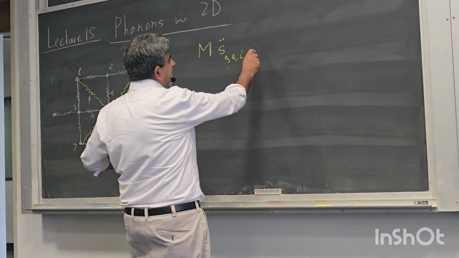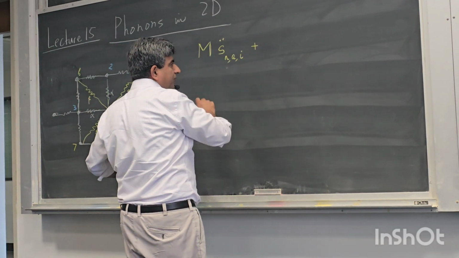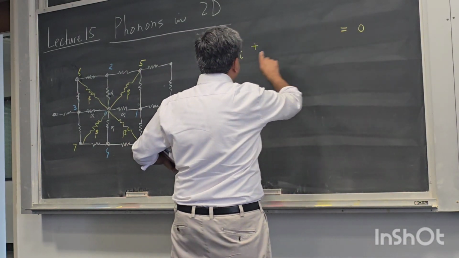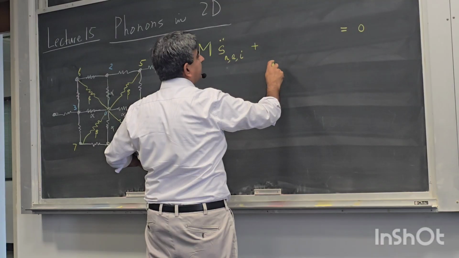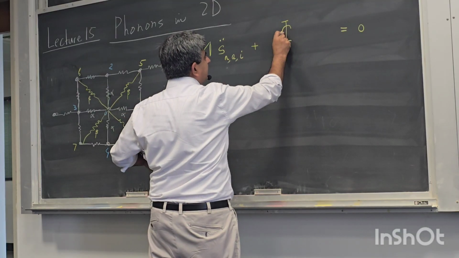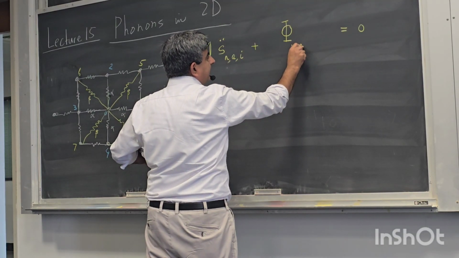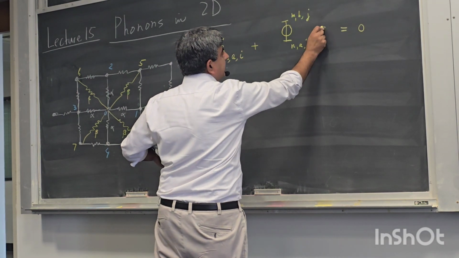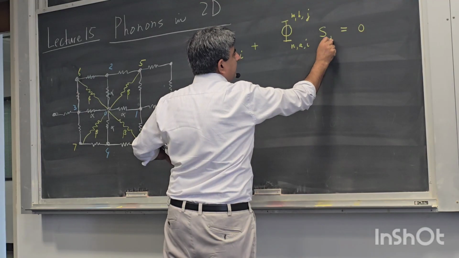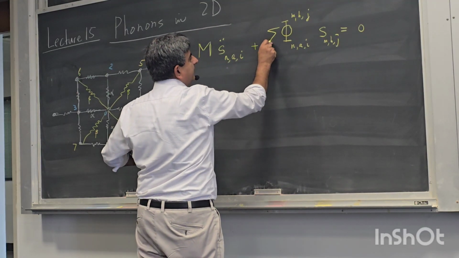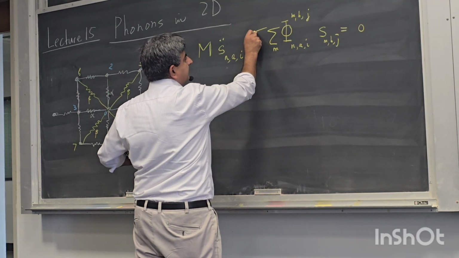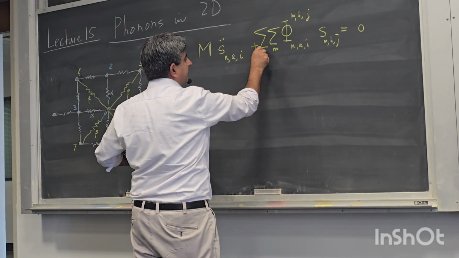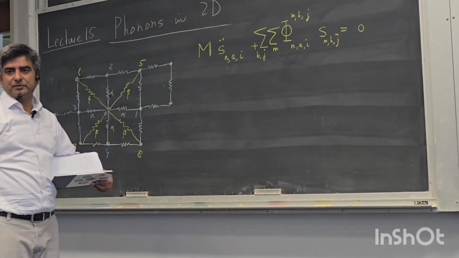And we've seen that the negative of that force is simply phi n A i, m B j, s m B j, summed over m and over B j. So this is our equation of motion.